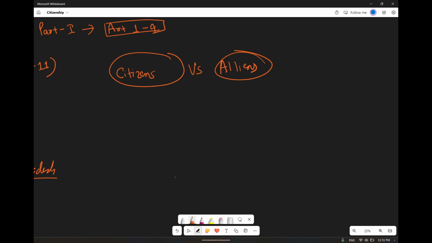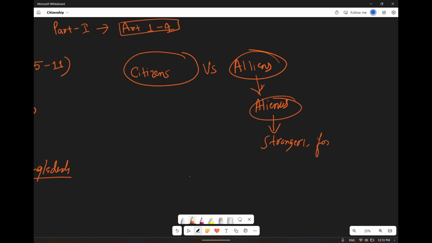In the Latin word, alien means alienus, that means a stranger or foreigner. From there this word alien has been derived.